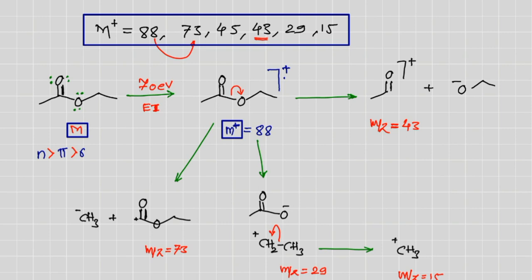In that molecule, non-bonding electrons are present, pi is also present, and sigma is also present, so the easiest electron to remove should be from the non-bonding. Here the molecular weight is again the same, 88, and then fragmentation will start. Here the m by z value is 43, and this is the base peak, where base peak means 100% intensity.